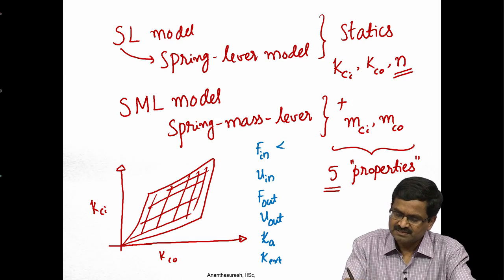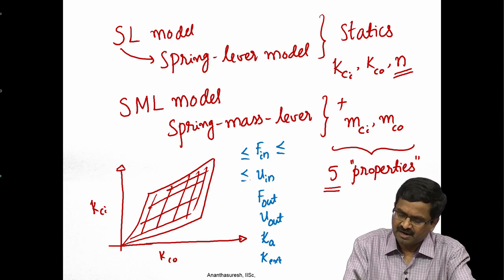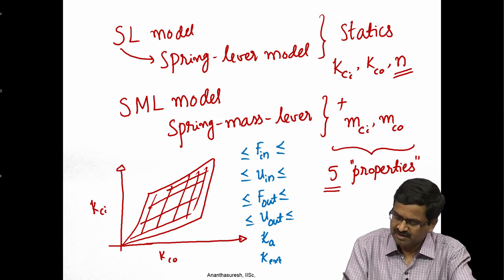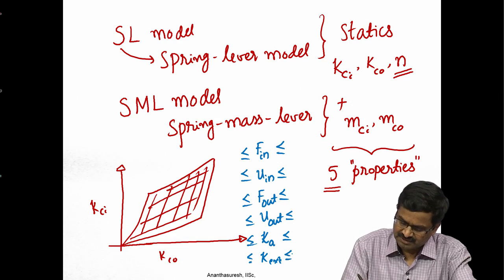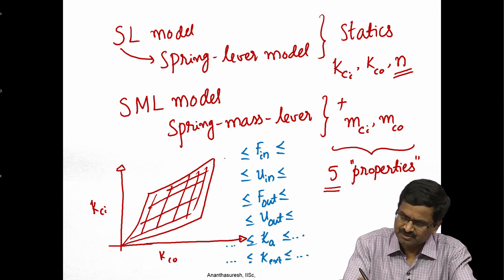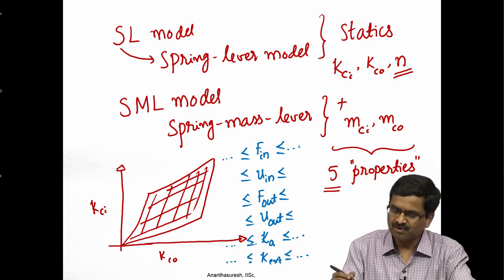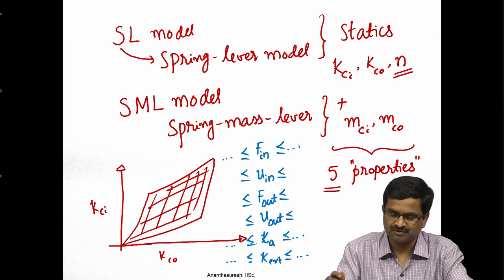So, all these things had upper and lower bounds. So, we specify all these 12 values. So, there is a lower bound, upper bound, lower bound, upper bound and so forth. So, these 12 are the ones that the user specifies.